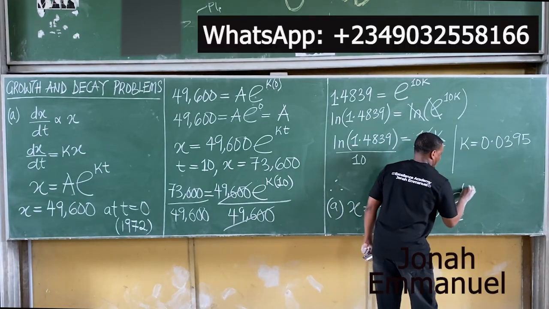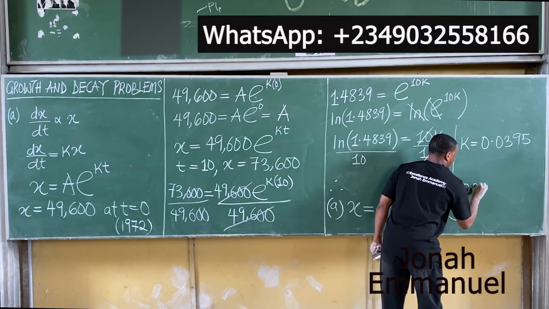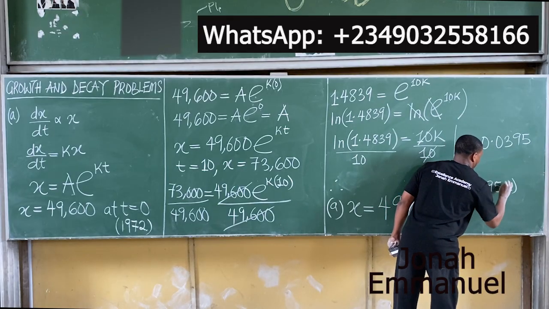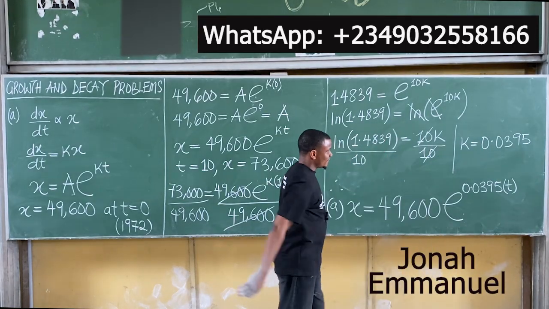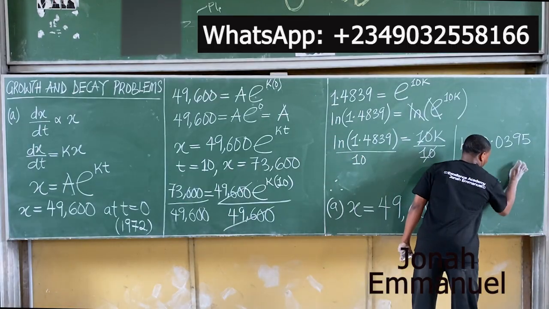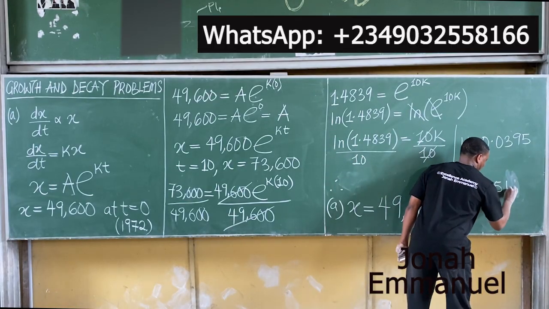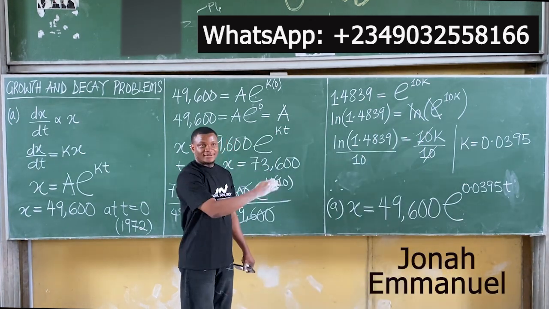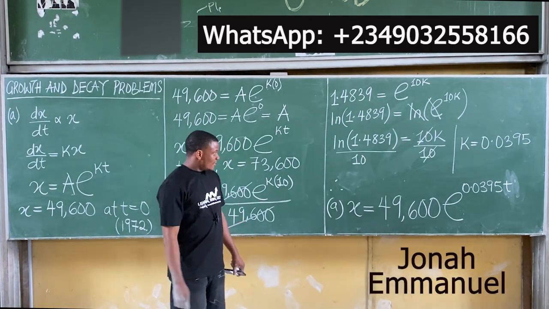K is 0.0395 times t. So this is a function of t. All right, so I've gotten the A part.